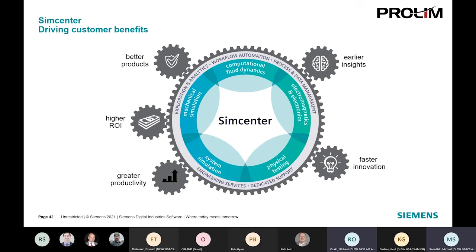So there's really two paths you could take with SimCenter 3D. One is we have a very robust open API. So if you have people that like to write automation code and want to automate repeatable processes, so that they could put it in the hands of the designer, and they maybe only have to make a few selections and the rest of the system is doing all the work for them behind the scenes, you can do that with our open API.